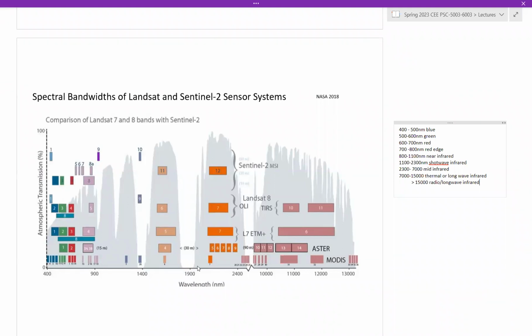For example, in near infrared, if we compare Landsat 7, the pink band, we see that between Landsat 7 and Landsat 8 there is a significant reduction in the range of values that the band is capturing. This is because plants tend to behave slightly differently along this infrared range.